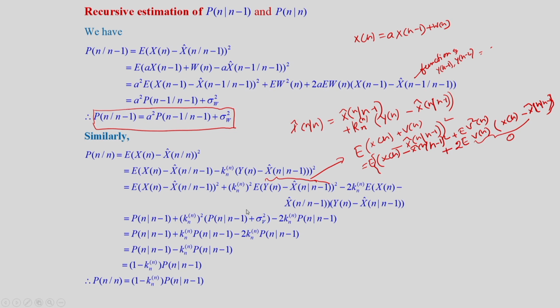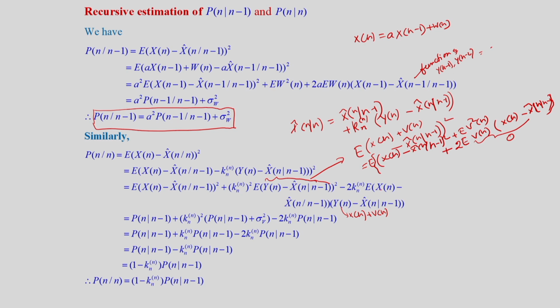Now, we will examine this term: twice k n into E of (x n minus x hat n given n minus 1) into (y n minus x hat n given n minus 1), and here this y n we can write as x n plus v n. So, what we will have is E of (x n minus x hat n given n minus 1) into (x n plus v n minus x hat n given n minus 1).